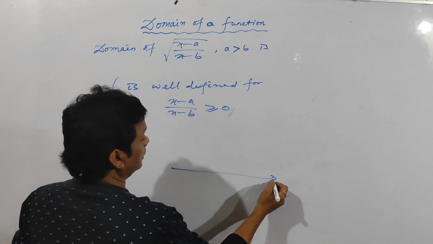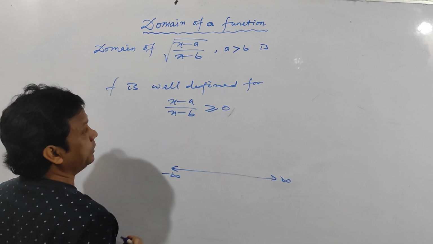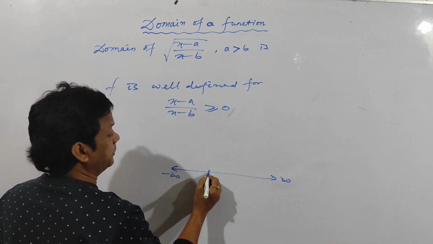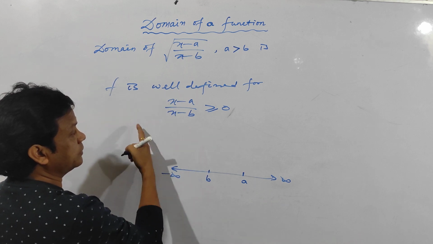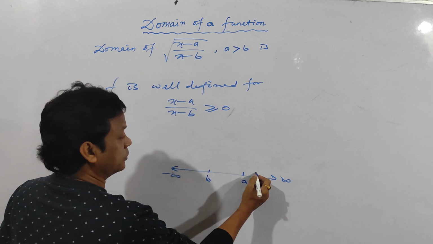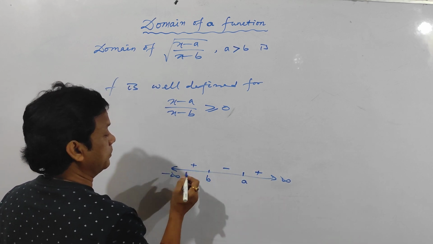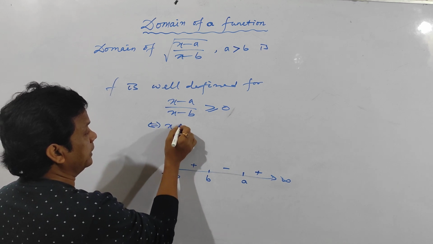Same process. So draw the number line. This is minus infinity, this is infinity. The critical points are a and b, but a is greater than b. That means b should be on the left-hand side, a should be on the right-hand side. The coefficient of x is positive here and here. So positive by positive is positive. So this one is plus, this one is minus, this one is plus. Clear?